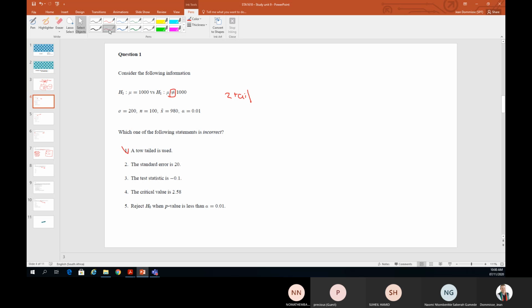So let's look at this one. What do they give us? They give us that, so we know that we are working with a Z value at least. So we will first need to work out the Z value. So remember, how do we calculate the Z value?